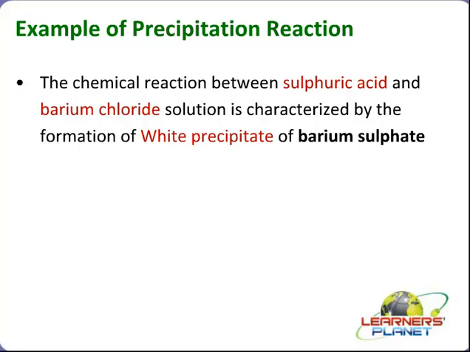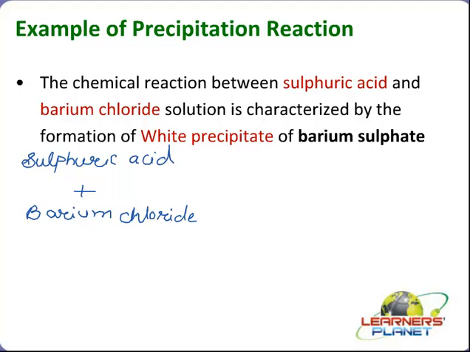Say, the reaction between sulfuric acid. Okay? What is the formula of sulfuric acid? You have not done it, so I'll not tell you the formula right now. Once I tell you how to write the formulas, then we'll discuss a few formulas. Here you just remember the name of the reactant. Now this sulfuric acid, when it is treated with barium chloride, right?